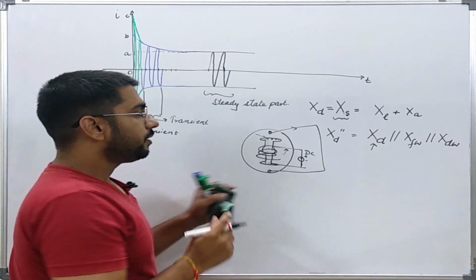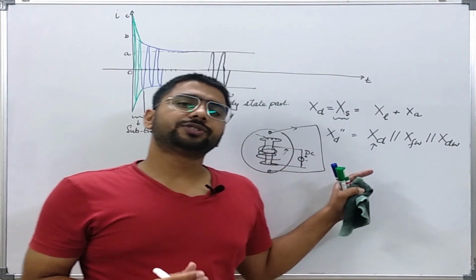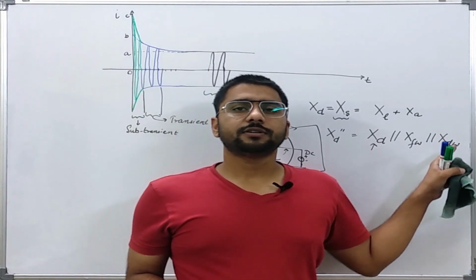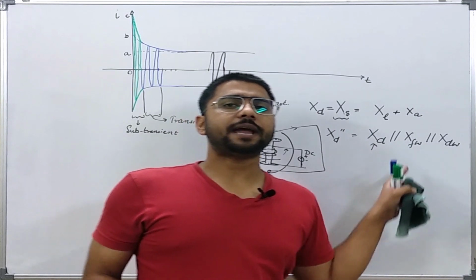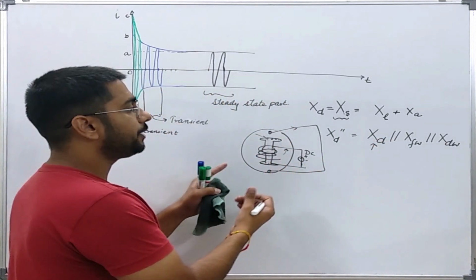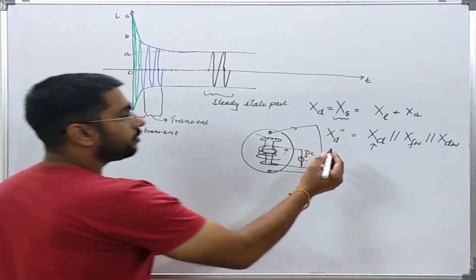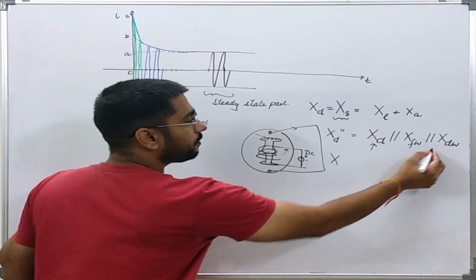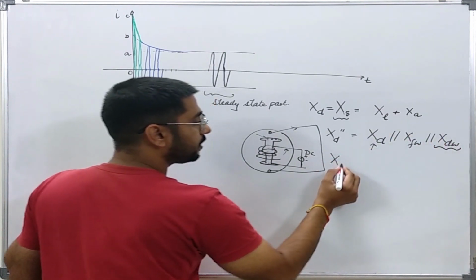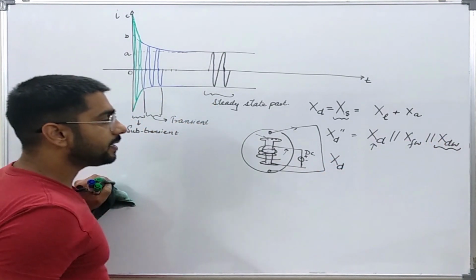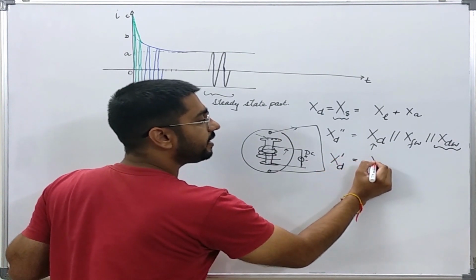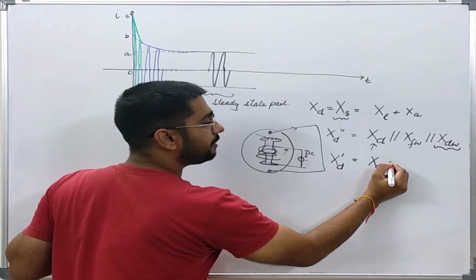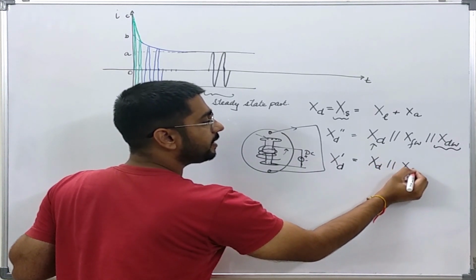Now, the time constant of the damper winding is quite small compared to the field winding time constant, which is highly inductive in nature. So this part will die out within the first few cycles, and what will remain is only the transient reactance of the machine, which can be shown by this.